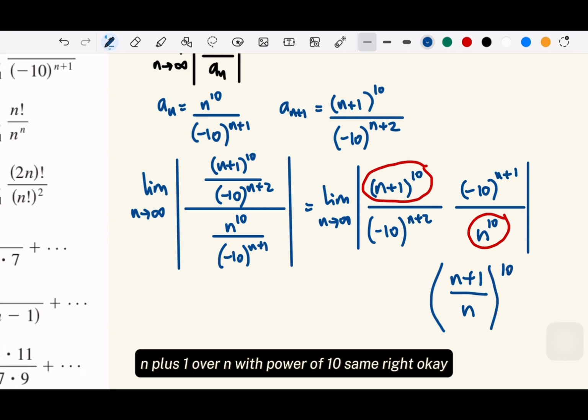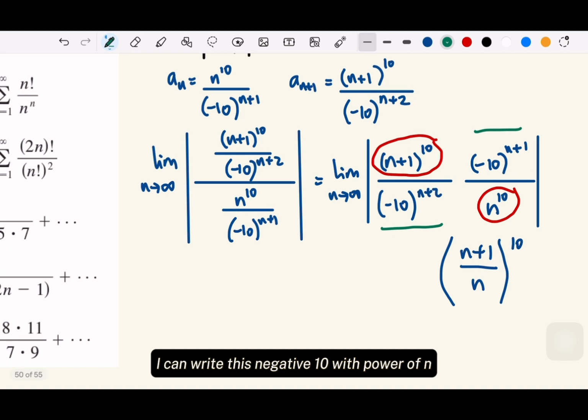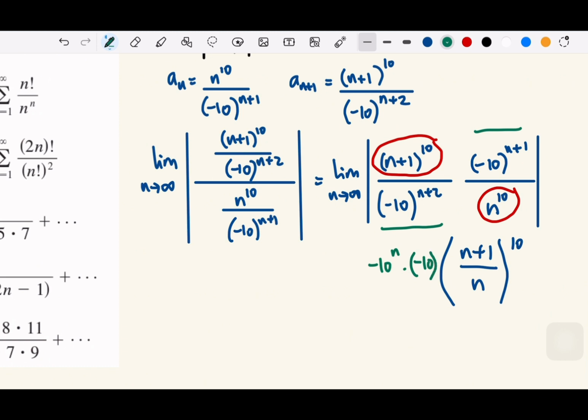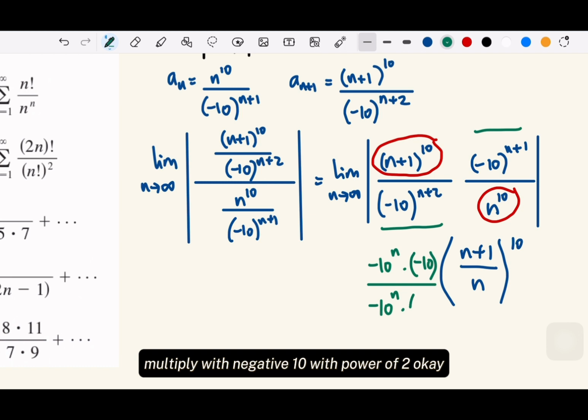And the next one, look at this negative 10, these 2 forms. I can write this negative 10 with power of n and then multiply with negative 10, and the other one I can write negative 10 with power of n multiply with negative 10 with power of 2.